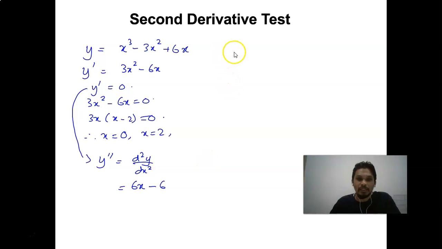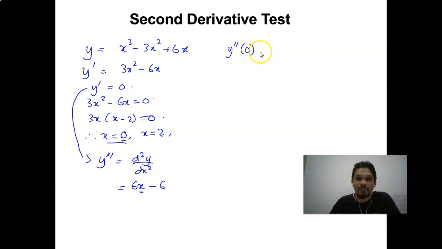Now, let's use the second derivative. Use the value of x equals 0 first. The second derivative of y with respect to x, or y double prime, is 6x minus 6. We substitute the values of x that we got from y prime equals 0, which are 0 and 2.